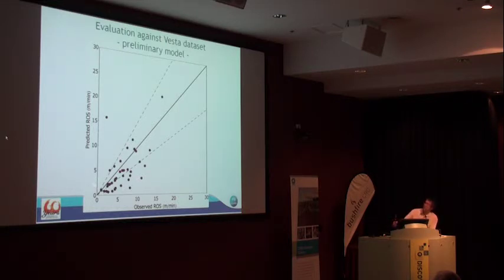In this graph, we show the observed rates of spread versus those predicted for the Vesta fires, at least a subset, and we get some really good predictions, and we have a few fires under-predicted there. Yeah, we need to look into that. This is also a bit of a coarse simulation.